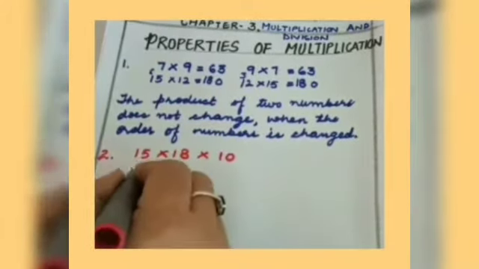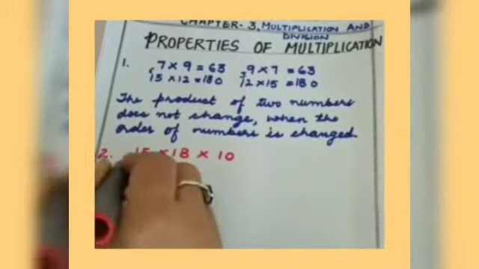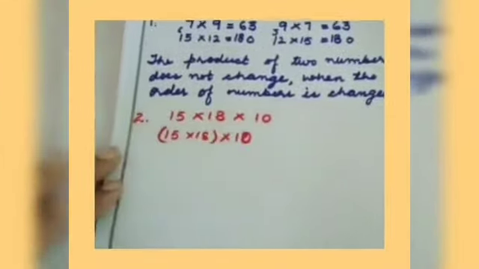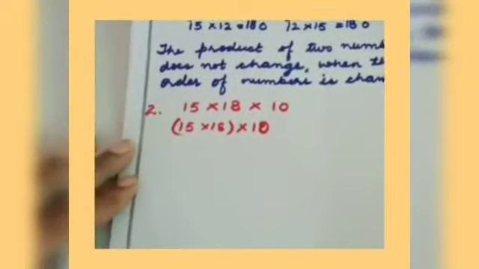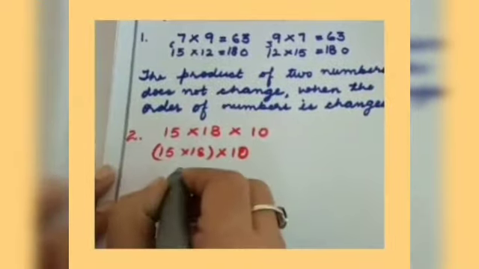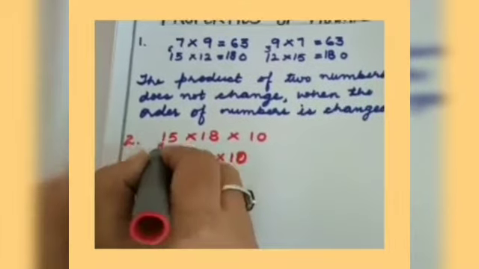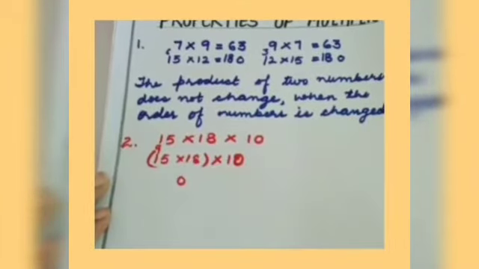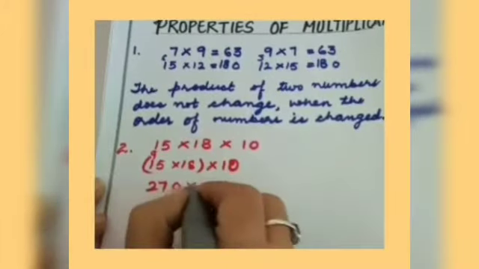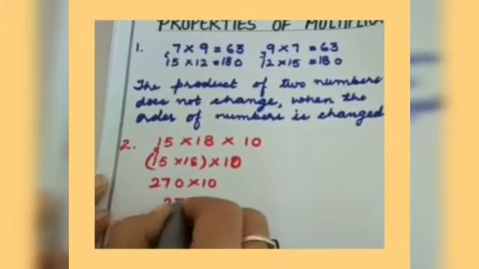So let me first take 15 and 18 as a group, and the product of these 2 numbers will be multiplied by 10. Now what will be the product if I multiply 15 by 18? Now 18 5s are 90, 0 here, 9 carry, 18 1s are 18, 18 and 9 is 27. It is 270.